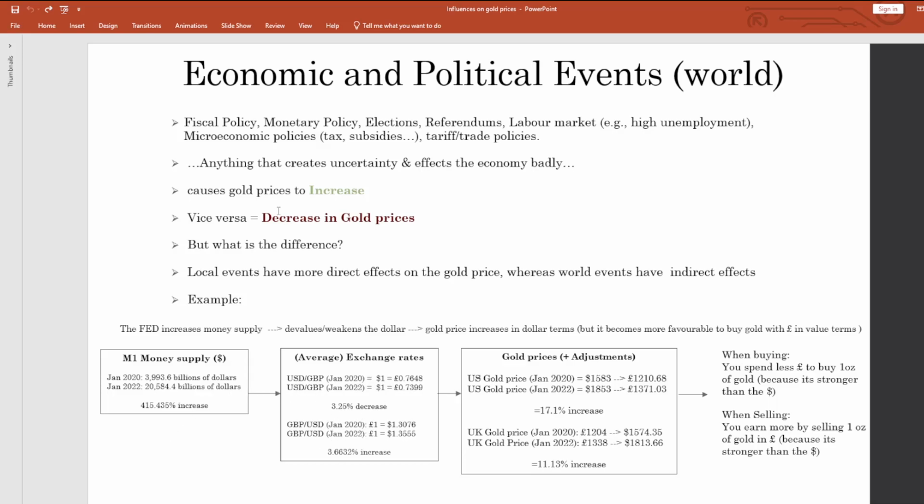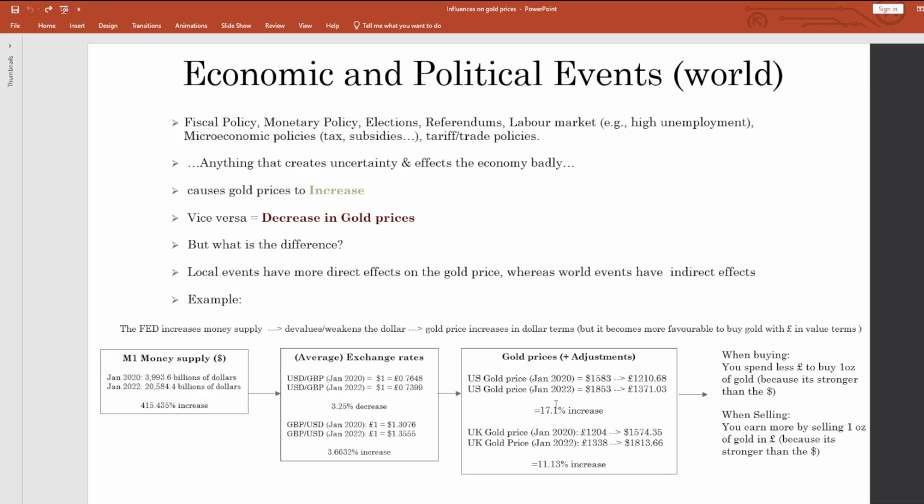Increase in money supply, decrease in the value of the dollar. But how does that affect the gold price? The gold price in 2020 was $1,583. But if we convert it to pounds using this exchange rate, the price in pound terms would have been £1,210 and 68 pence.